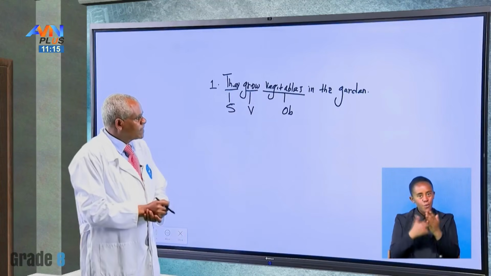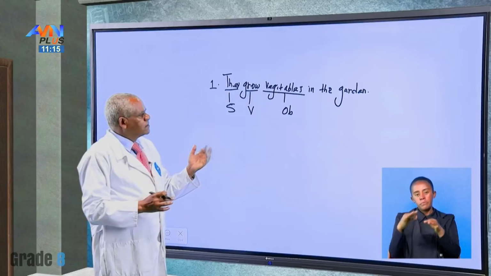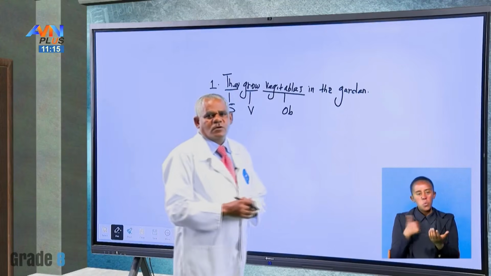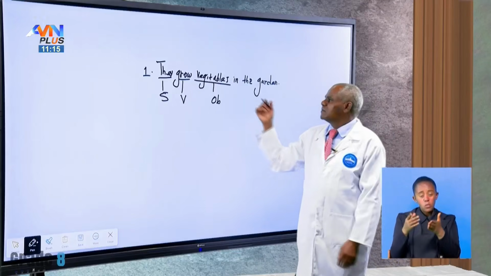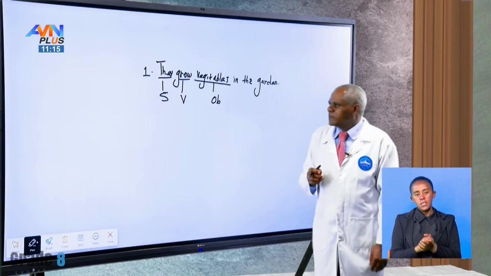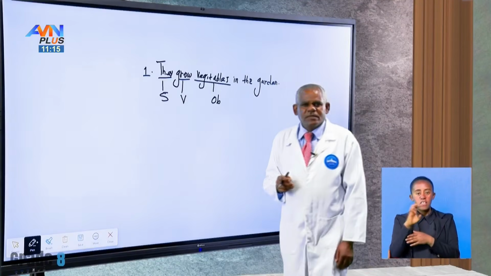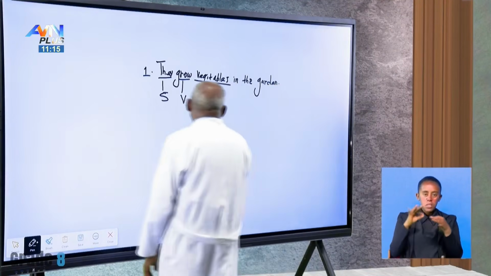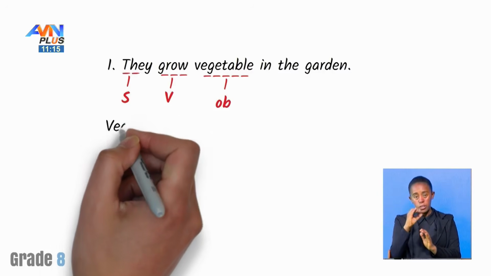So now, let's change this sentence. We don't want to talk about the doer, the actor. We give more emphasis to what? To the vegetables. Our concern is the vegetables. So now, when it comes to the passive construction, it can be written in such a way. Which one is the object? The object comes here now.